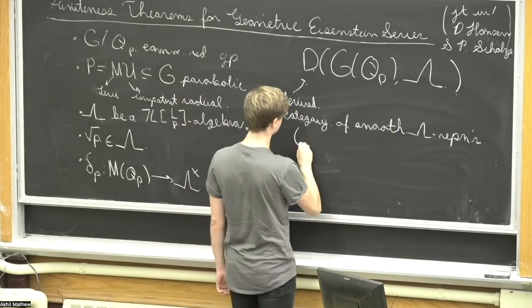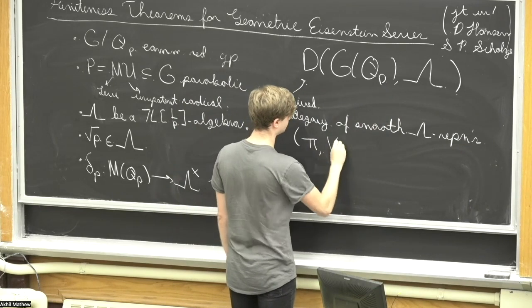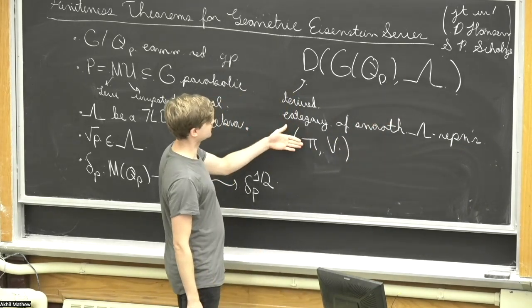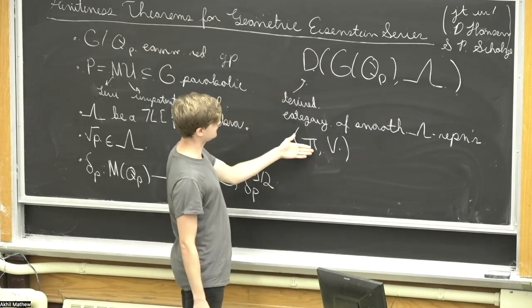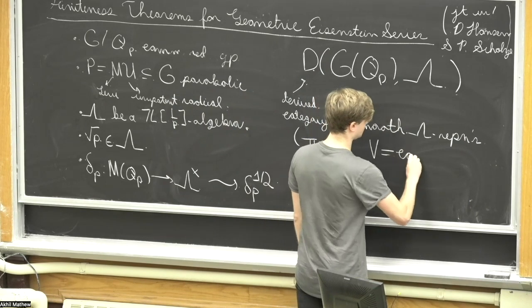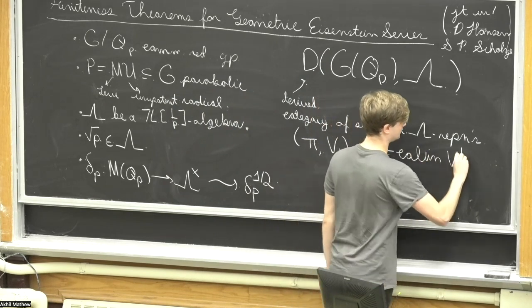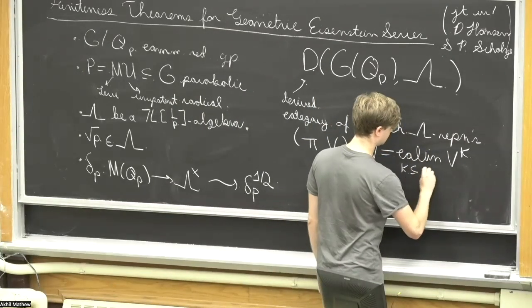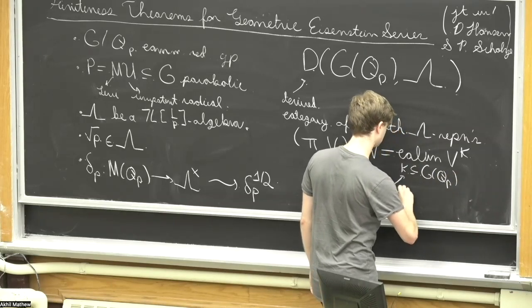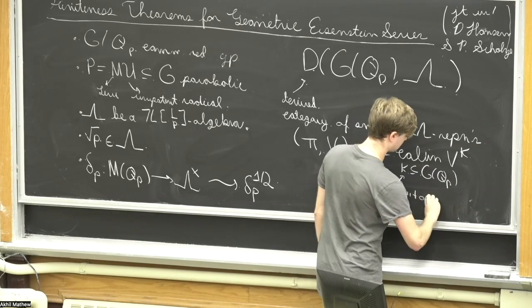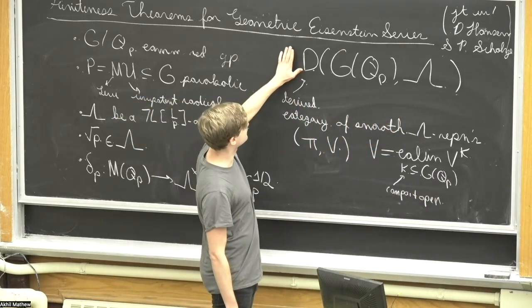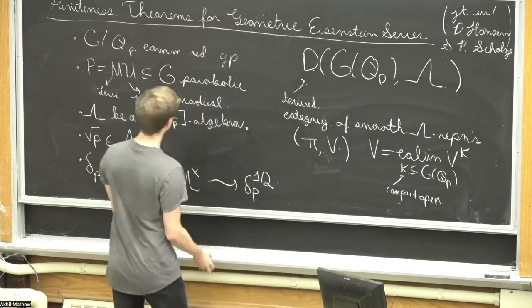So in particular, you can just think of it as some possibly infinite dimensional lambda module together with an action of the p-adic points of this reductive group G(Q_p), reflected by some homomorphism phi. So in the local Langlands correspondence, the main object of study is basically going to be this derived category here.